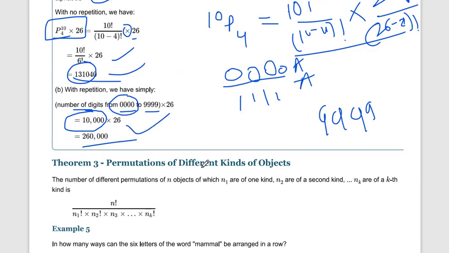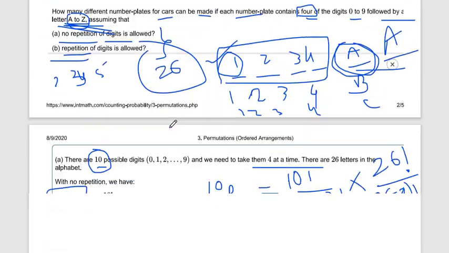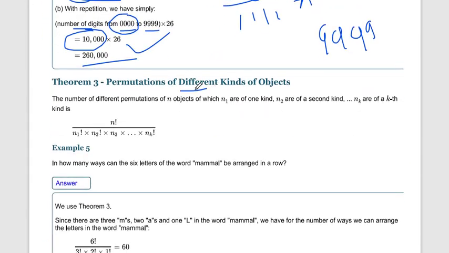Next, theorem 3: permutation of different kinds of objects. Here we had only the same kind of object, but now we have different kinds of objects.